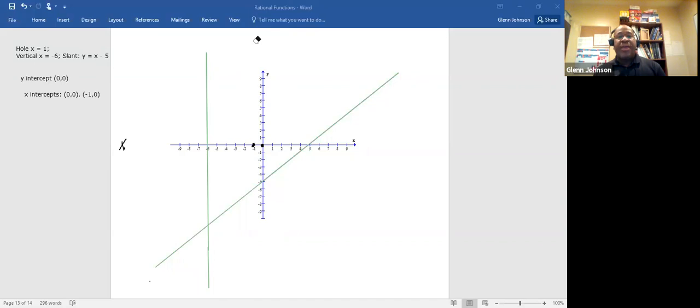So I'm going to redraw that, make it a little bit neater. Now, once again, this is something that we could confirm by plugging in any x value that's less than -6, like -7 or -8, into the original function.